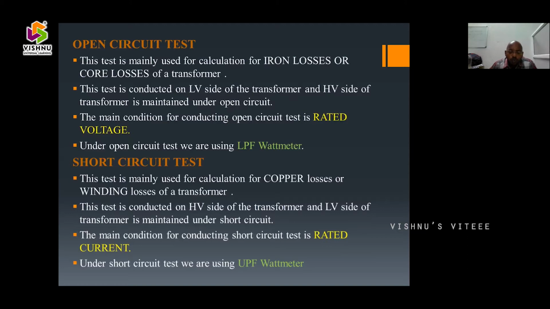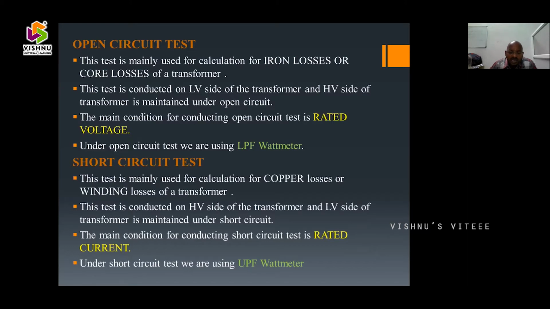Under full load current, the losses due to current flowing through the winding depend on the current drawn by the transformer. That's why under short circuit or full load condition, the current drawn by the transformer creates copper losses or winding losses in the transformer.